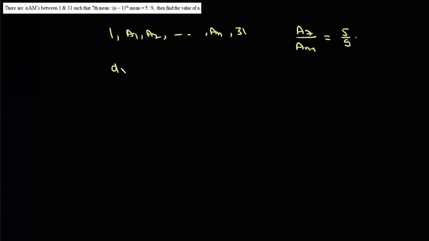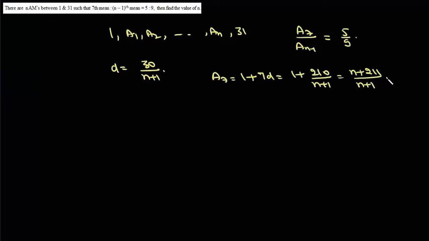If we find the common difference, it will be simply (b minus a) upon (n plus 1), which is 30 upon (n plus 1). Now this a7 will be a plus 7d, which is 1 plus 210 upon (n plus 1), and that will be (n plus 211) upon (n plus 1). So that's your a7.